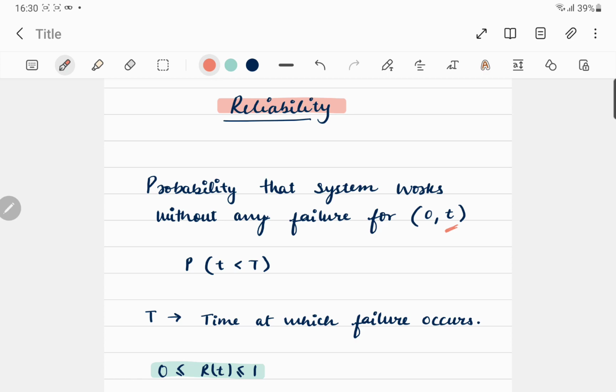So we say that probability t is less than capital T, where capital T is the time at which the failure occurs. So the probability that our machine will run for this much time period without any failure, because failure is occurring at capital T, so our machine shall work fine till small t time period.